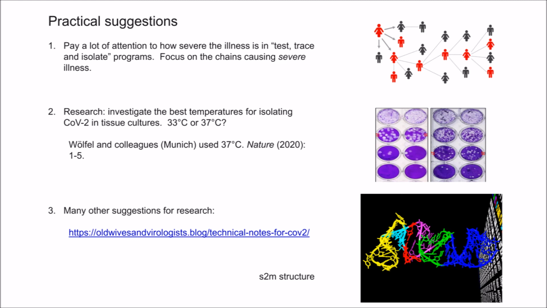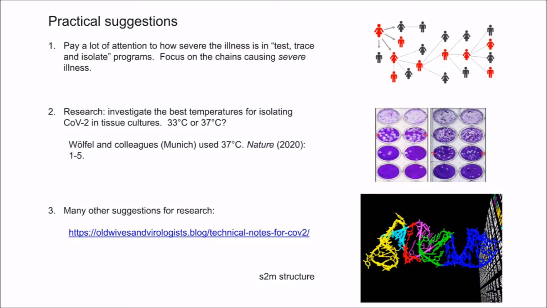Now, I can make lots of other suggestions for research, which you'll find, for example, on my blog, Old Wives and Virologists, and there's a note there about suggestions for research into respiratory viruses in general and CoV-2 in particular, for example, focusing on the secondary structure of the virus's RNA, which I showed you before.